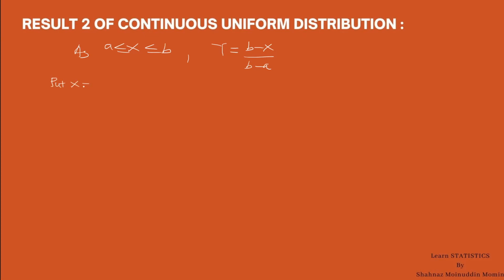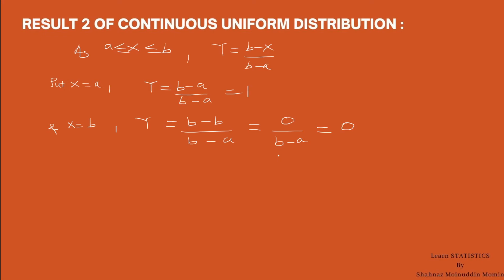Put x equal to a, we get Y equal to b minus a divided by b minus a, and it is 1. Further, put x equal to b in Y equal to b minus b divided by b minus a, and it is 0 divided by b minus a, which comes out to be 0.